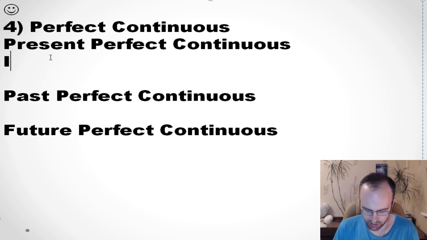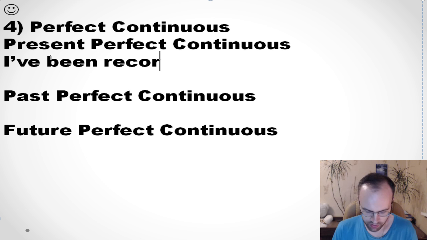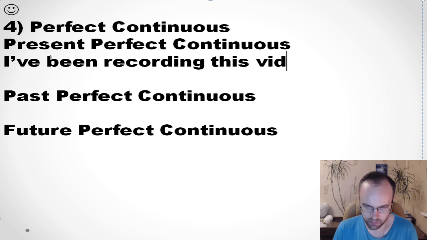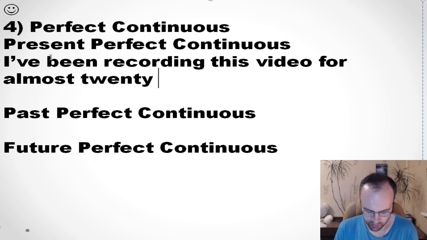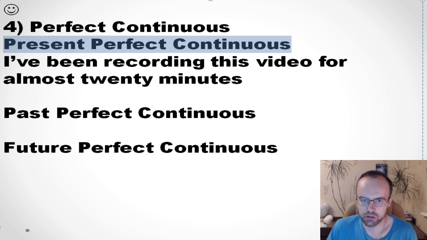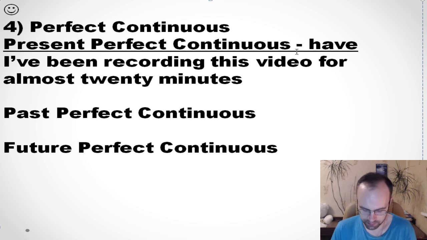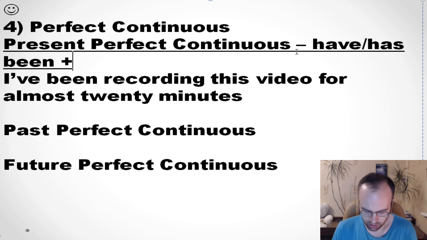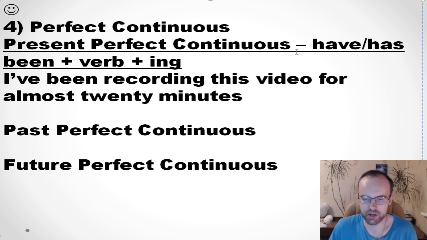For example, I've been recording this video for about, or for almost, 20 minutes. It means I started recording it almost 20 minutes ago, and I'm still doing it, so I haven't finished it yet. So you see, have or has been plus verb plus ing.